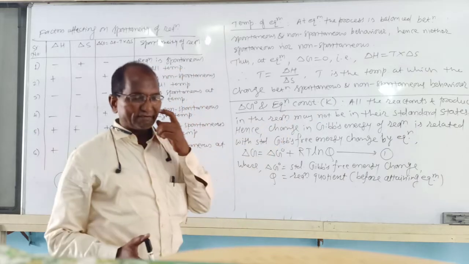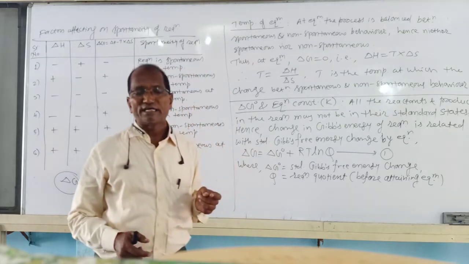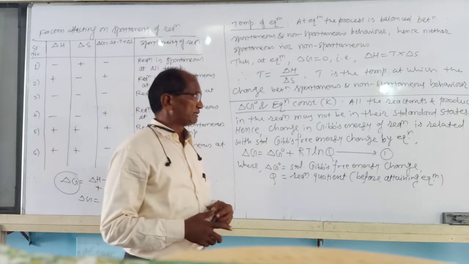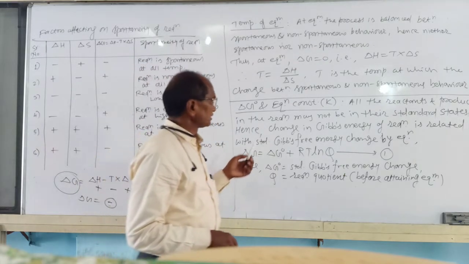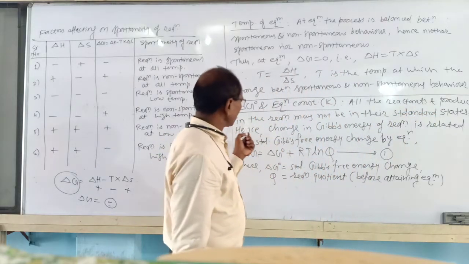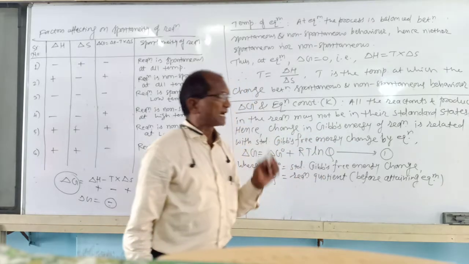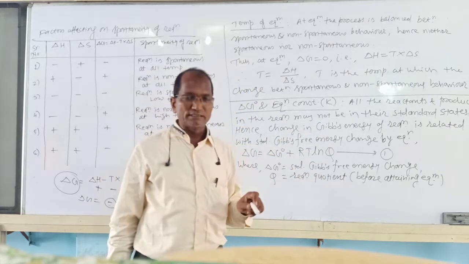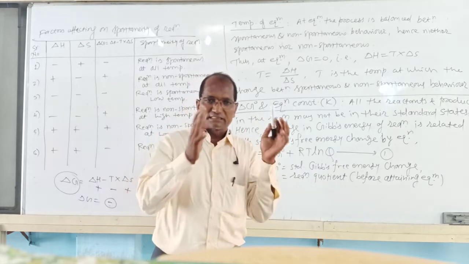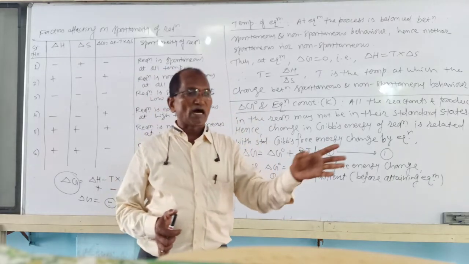Equilibrium constant K we have studied in 11th science, in the ionic equilibrium. All the reactants and products in the reaction may not be in their standard state. Means certain reactants and products are in standard state and some are not.